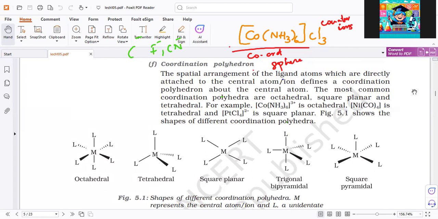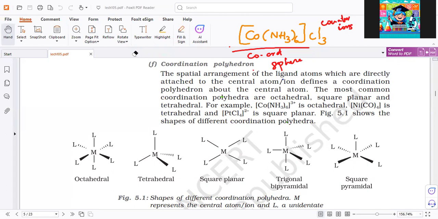That is the specific spatial arrangement in which the ligands are attached to the metal. The molecules or ions are not randomly arranged around the metal ion. They can only occupy a specific spatial orientation around the metal atom.